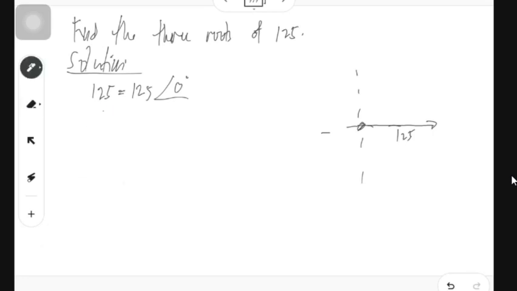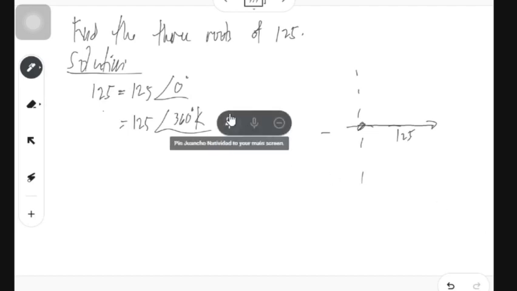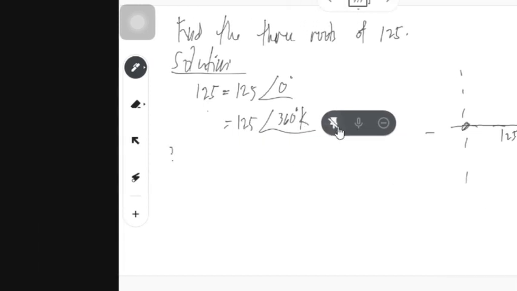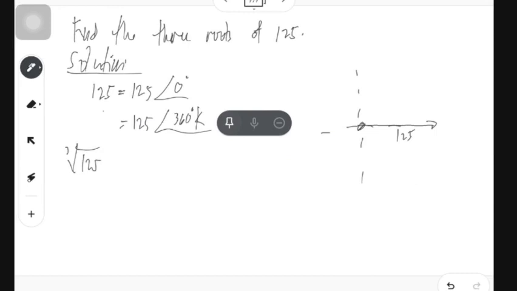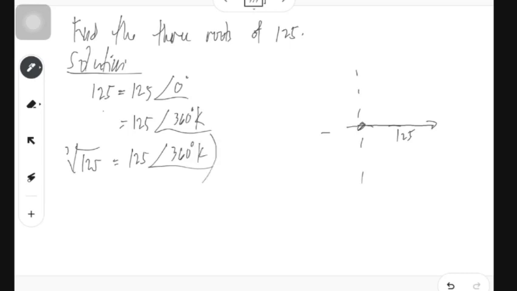Okay? Now, converting this into general polar form, it can be rewritten as 125 angle of 0 plus 360 degrees times k. Is that right? That is the general polar form. Now, find the cube roots. It follows then that the cube root of 125 is 125 angle of 360 degrees k, the quantity raised to 1/3.